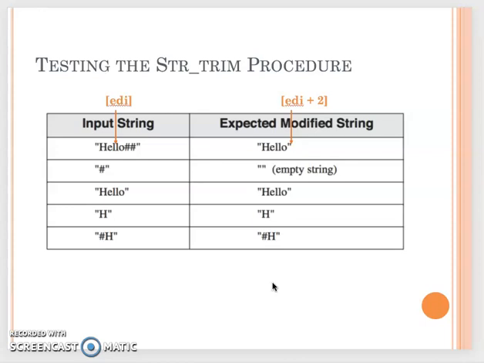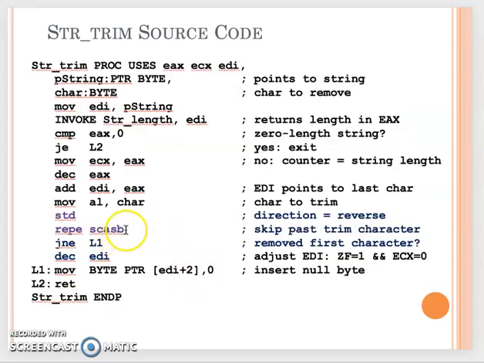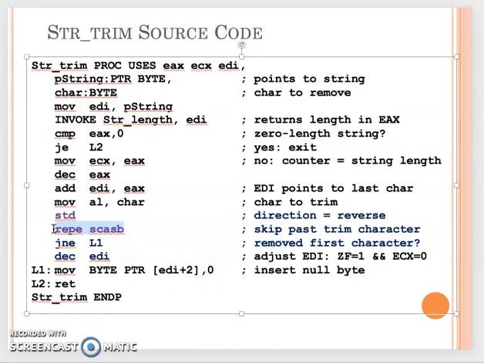Right. So that's why here we go back to this one. So when I finish the repeat E, I finish because they are not matched. So I'm not equal, I jump, right? So when I jump, I come to the L1. So that's why I have to add my null character. But this null character, you need to be very careful. It is EDI plus 2.